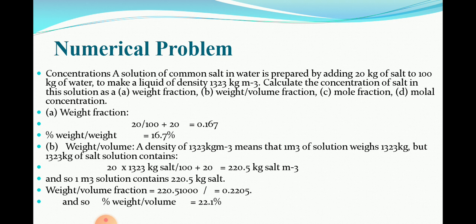In this way we calculate our weight fraction. The value of solute is given as 20 kilogram, so we put 20 kilogram upon 100 kilogram, which is our solvent, plus 20. When we divide 20 upon 120, we obtain 0.167.